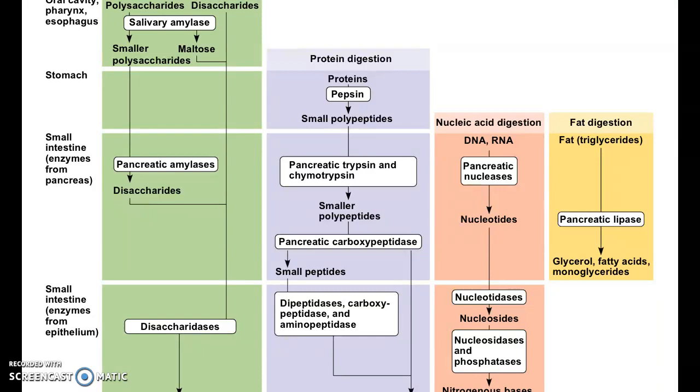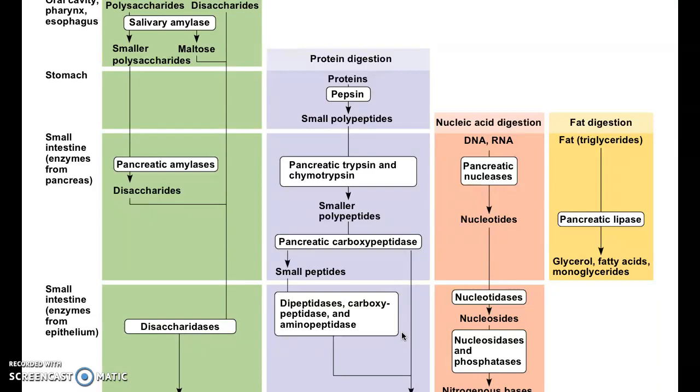So just to recap protein digestion again, there's no protein digestion in the mouth. There's only a mechanical digestion where it breaks it down into smaller pieces. In the stomach, pepsinogen is activated by hydrochloric acid, becomes pepsin, breaks it down into smaller peptides, goes into the duodenum. You have chymotrypsin and trypsin that break it down further. Then you have carboxypeptidase that breaks it down further.